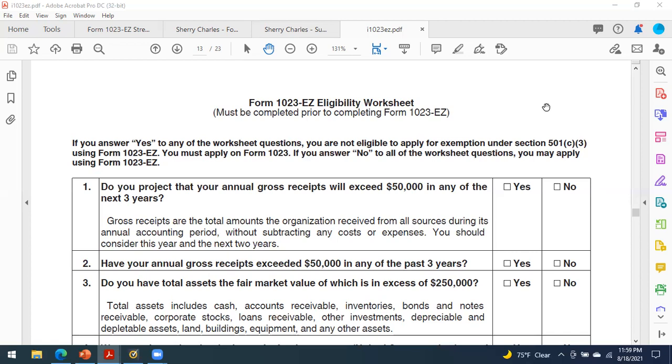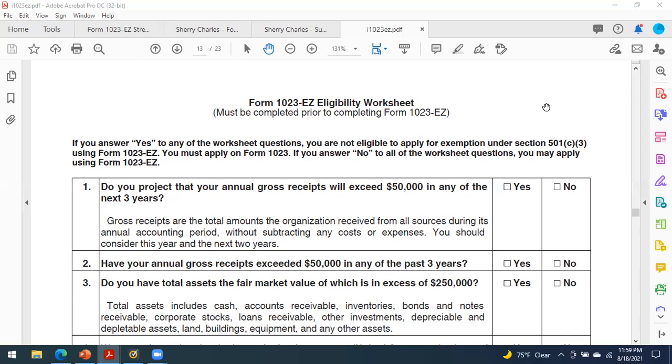Gross receipts are the total amounts the organization received from all sources during its annual accounting period without subtracting any cost or expenses. You should consider this year and the next 2 years.